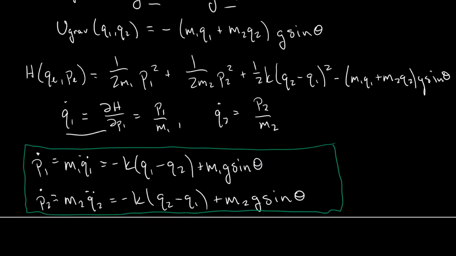These are two coupled second-order differential equations, which, yeah, you can solve, but it's not the easiest thing to do. So we'd love an easier way of doing things, right? So how can we do that?